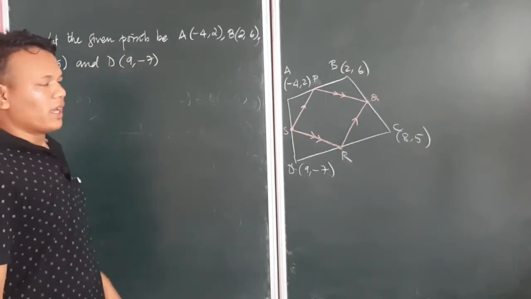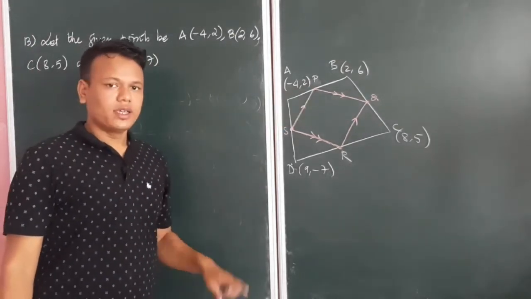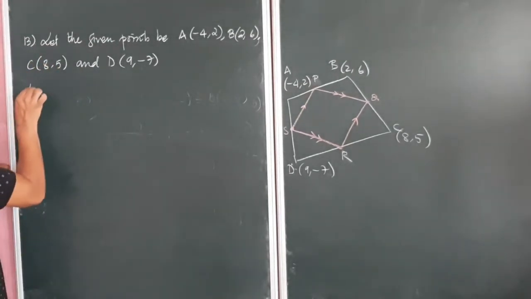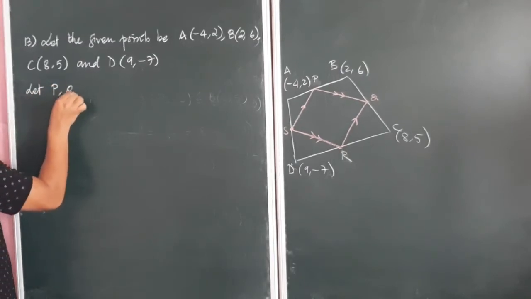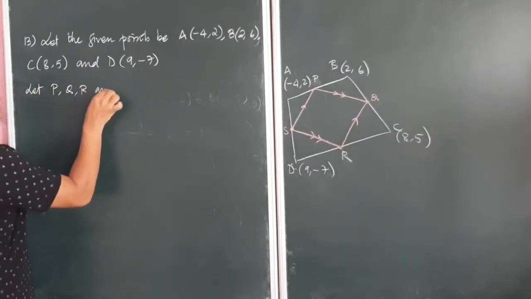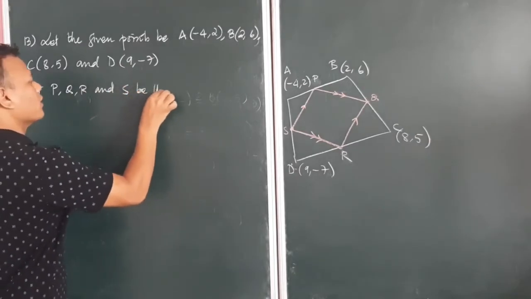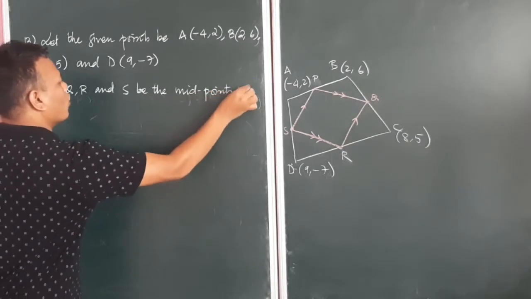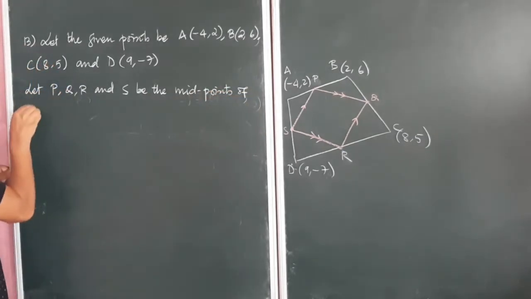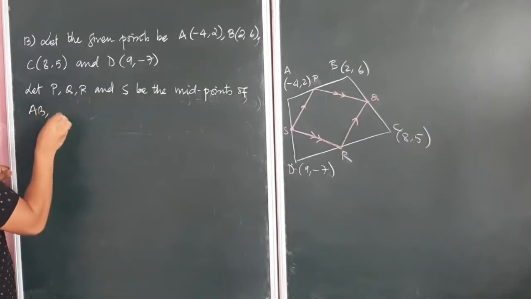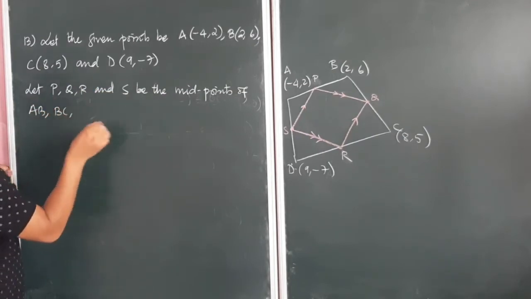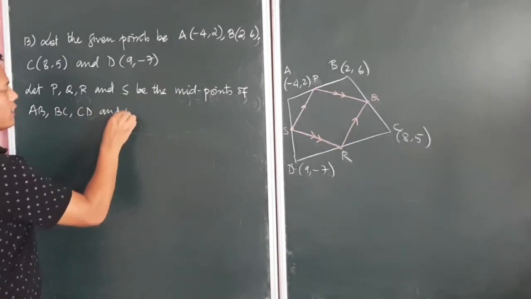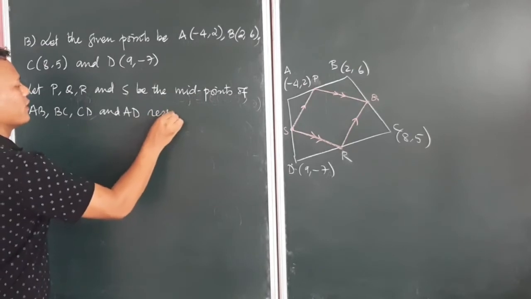As we need to find the midpoints, we'll make use of the midpoint formula here. So let P, Q, R and S be the midpoints of: P is the midpoint of AB, Q is the midpoint of BC, R is the midpoint of CD, and S is the midpoint of AD respectively.